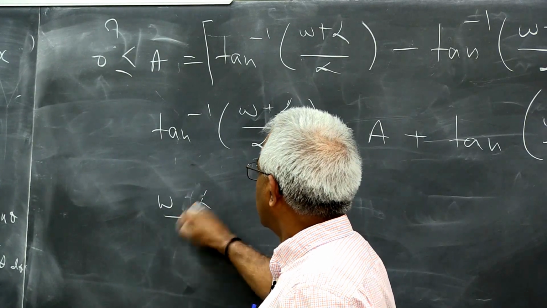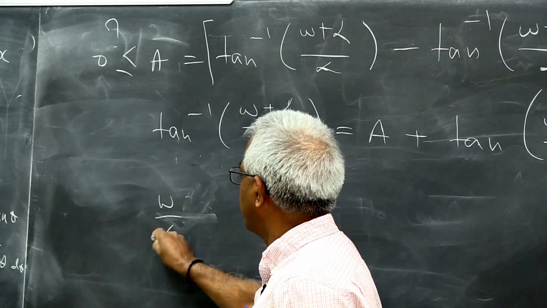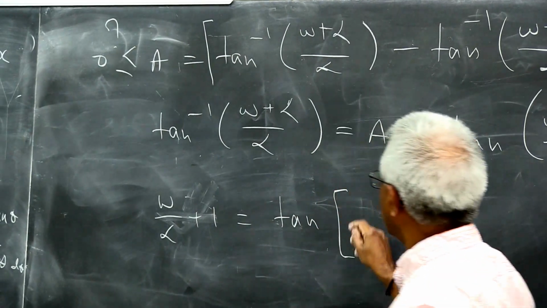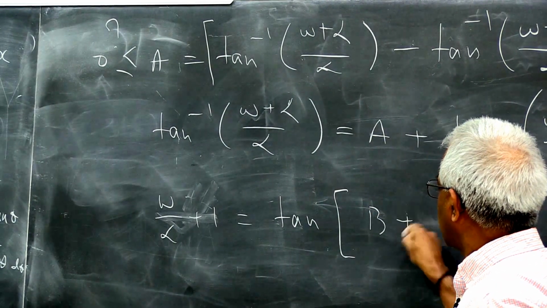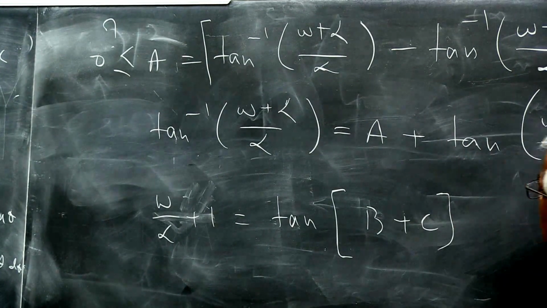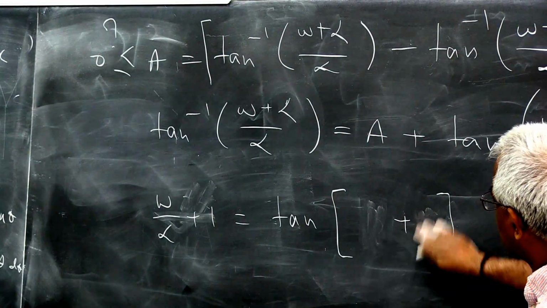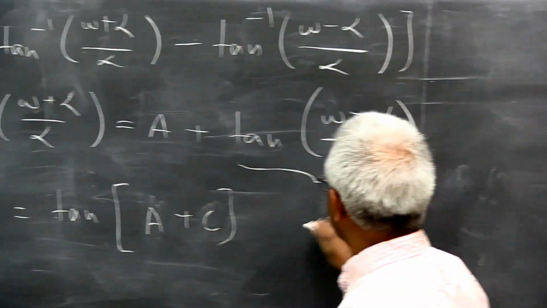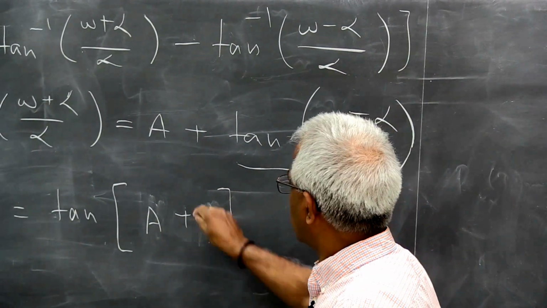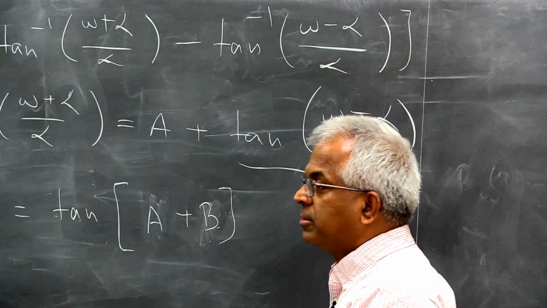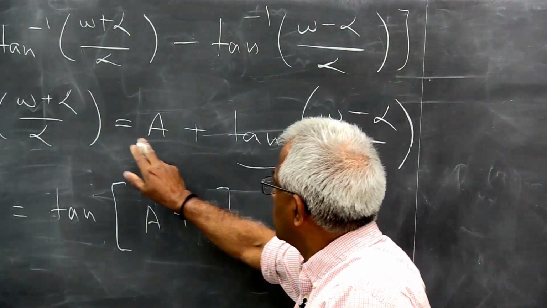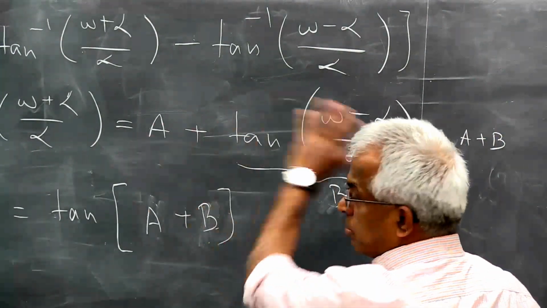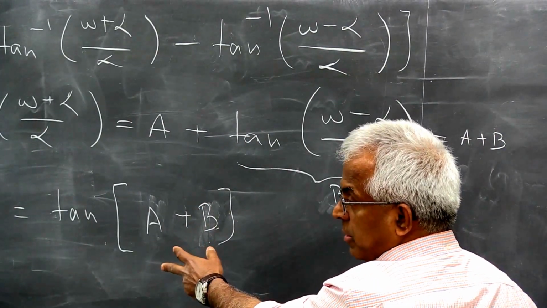So you have omega over alpha plus 1 as the tangent of two terms, A plus B. So when I bring in the tan inverse, this is tan of A plus B.